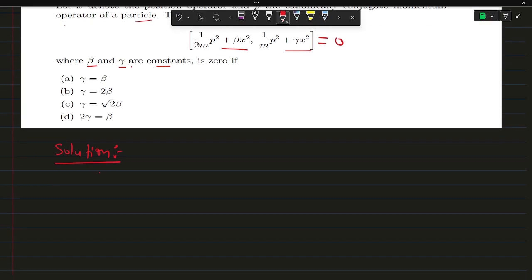So here the commutator of 1 upon twice m p square plus beta x square with 1 upon m p square plus gamma x square should be 0.